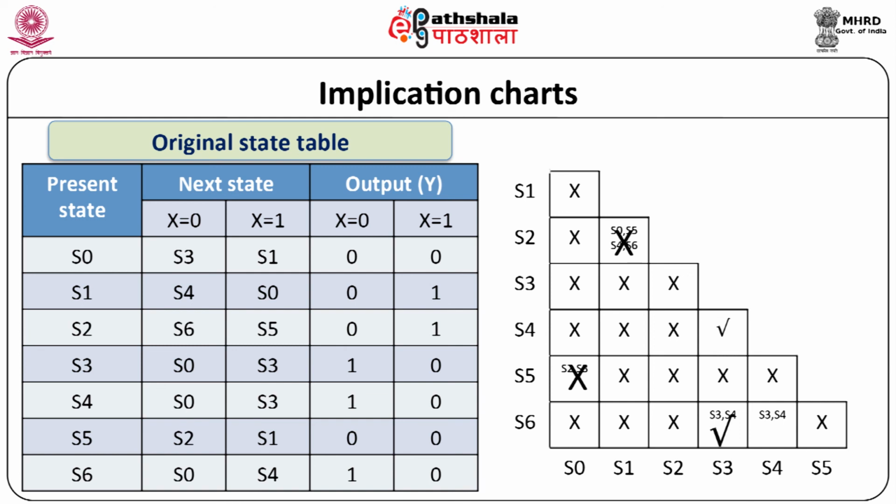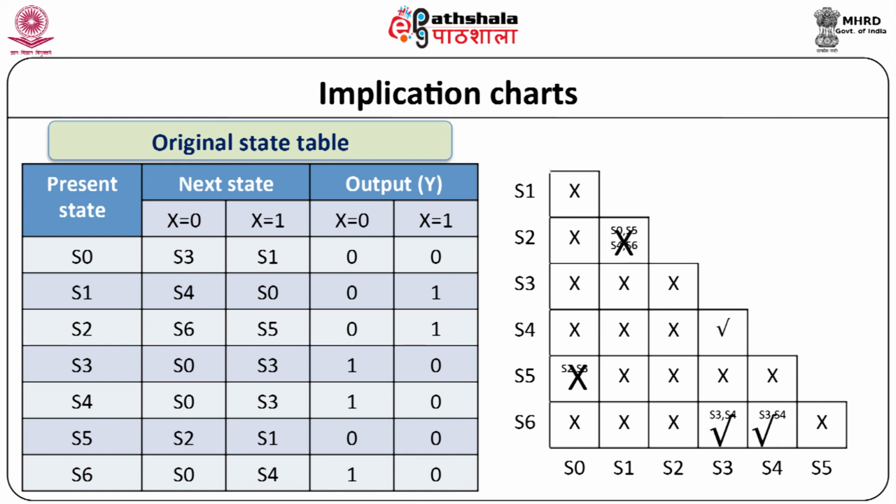The implied square S3 and S6 requires that state pair S3 and S4 must be equivalent. As the implied square S3 and S4 is equivalent, hence put a correct tick mark on the square.